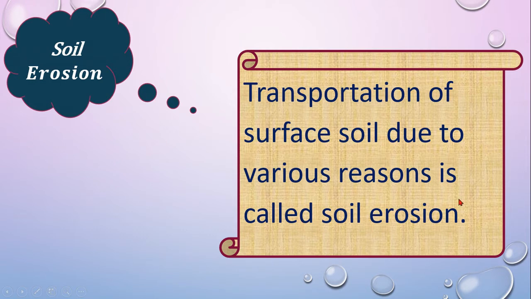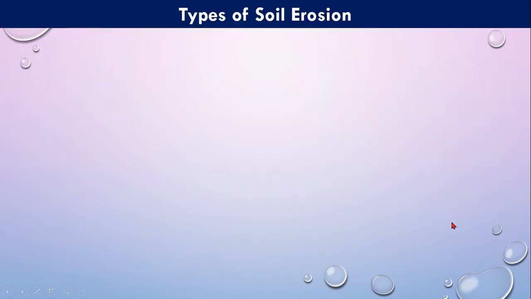That means when the earth's surface soil moves from one place to another due to different reasons, that is called soil erosion. You can get a 1 mark knowledge question like what is soil erosion, and then you have to write down this definition.